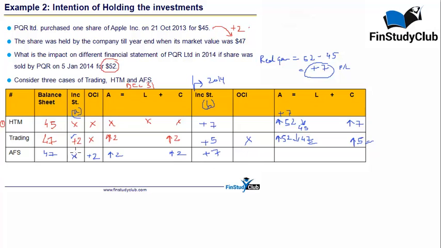The only question is, whatever was parked in the OCI will be reversed with the opposite sign. So if I do A equals L plus C in the second year, your investments will go down by 47, cash goes up by 52, your P&L goes up by 7, and OCI goes down by 2. So overall, that's how the equation gets tallied here.